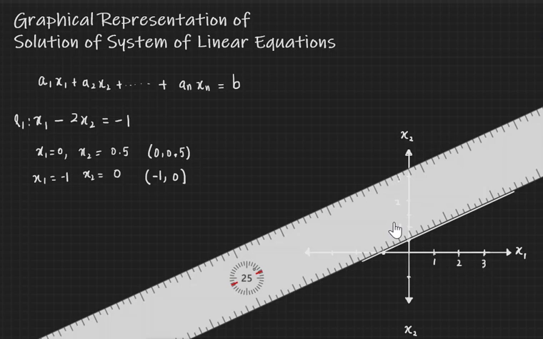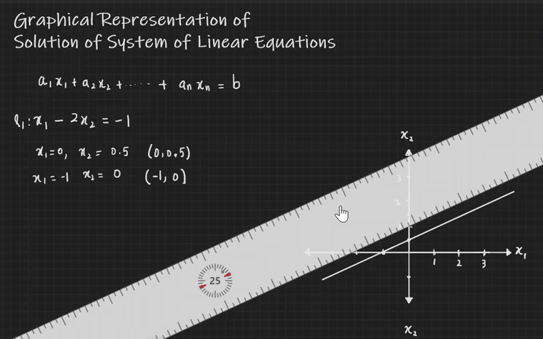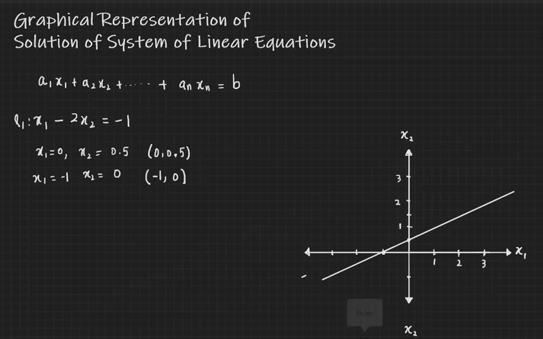That would be our straight line corresponding to the equation x1 minus 2x2 is equal to minus 1. So we'll represent this as the line L1.